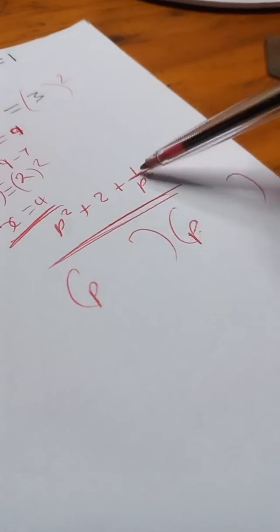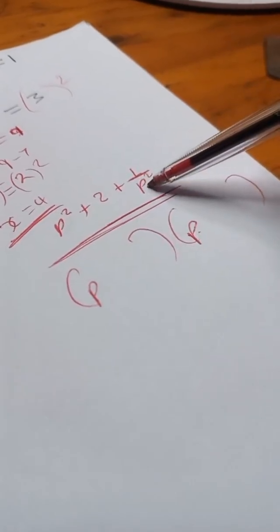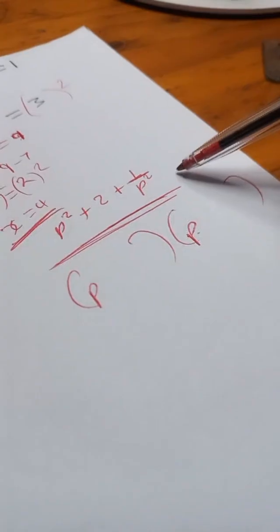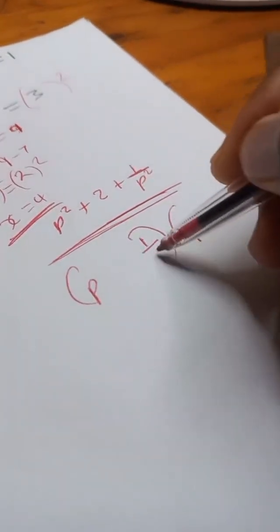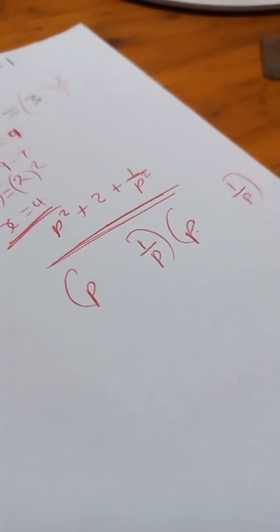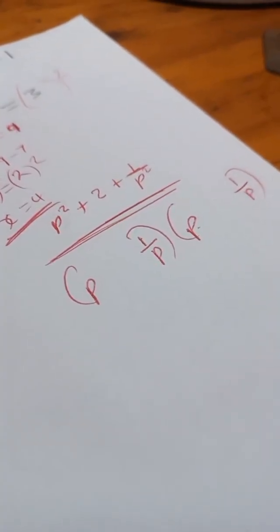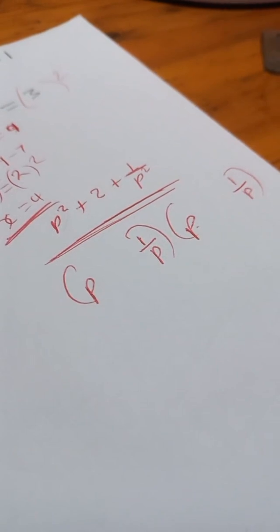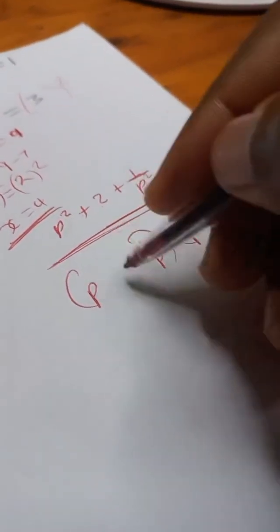P. From there, 1 over P squared, right? To sort this out is going to be 1 over P. Both sides are positive, right?